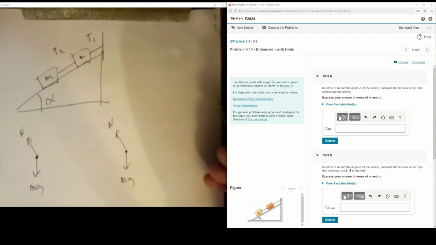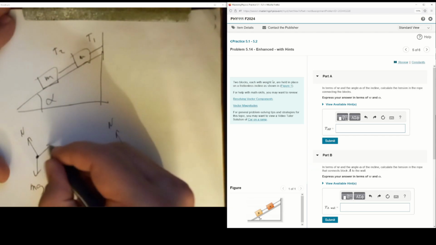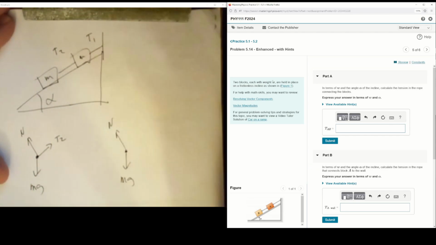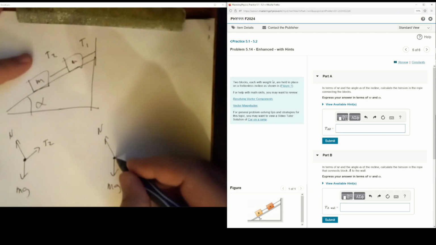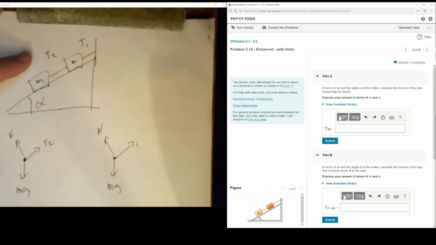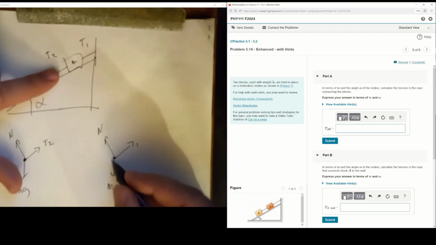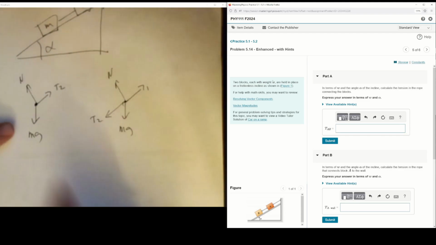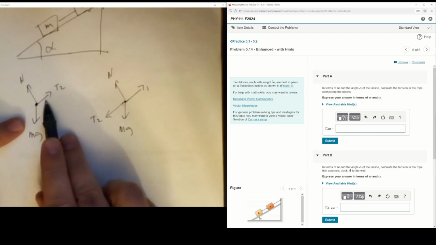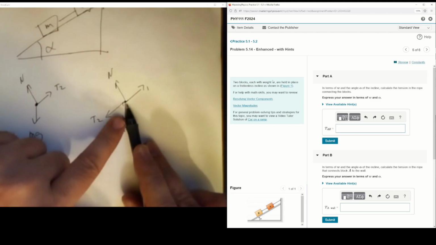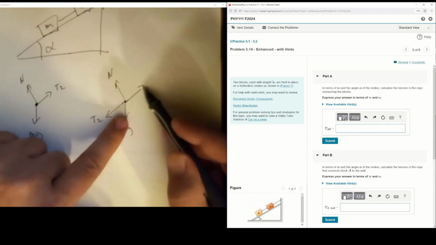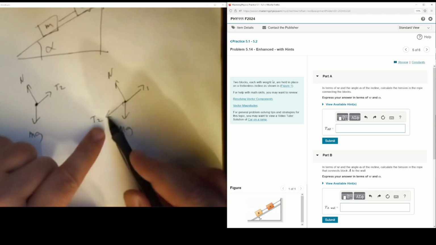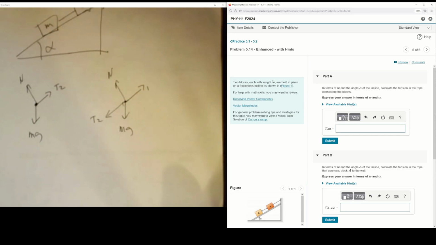And now here's where they're going to differ: this one has a tension up that I'm calling tension 2, and this one has a tension up I'm calling tension 1, but this block also has a tension 2 going down the ramp. So here's the block on the left, connected by one rope. Here's the block on the right, connected to the rope to the wall, as well as connected to the rope back to the other block.